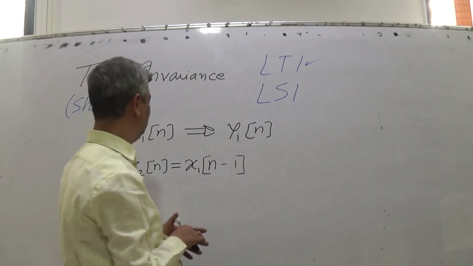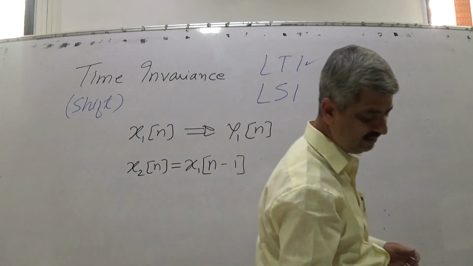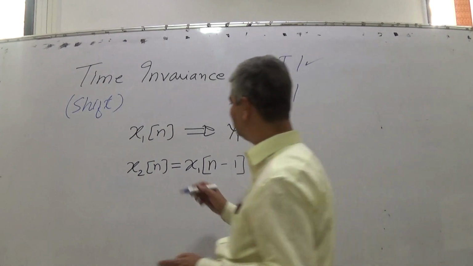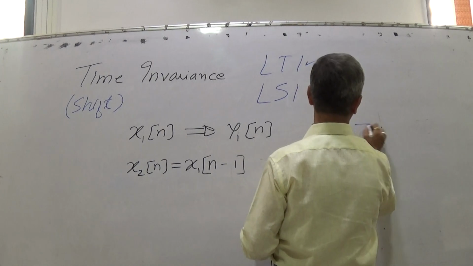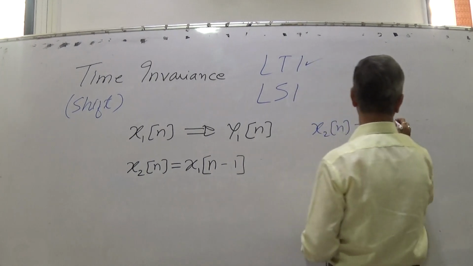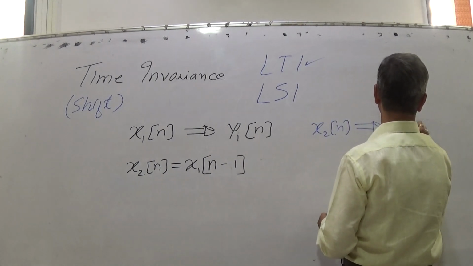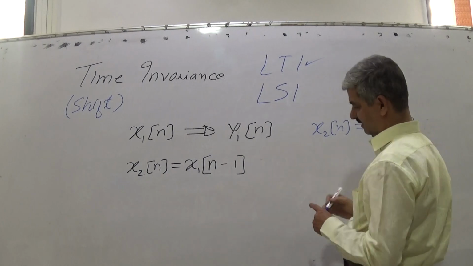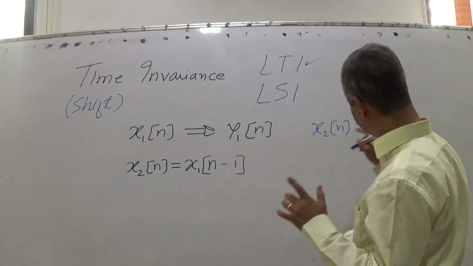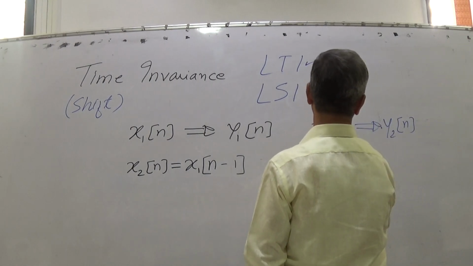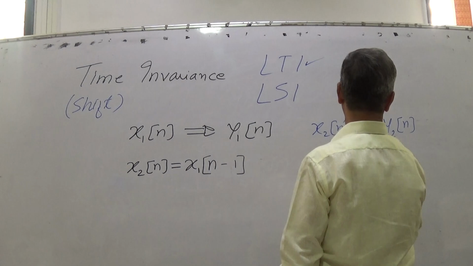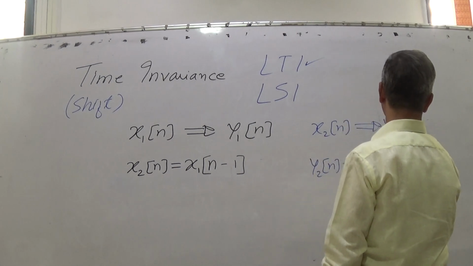If I apply such x2[n] to the same system, then the system will generate y2[n]. And if the system is shift invariant, then y2[n] must be y1[n minus 1].